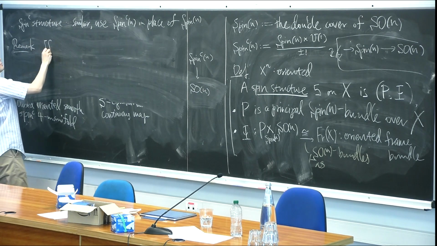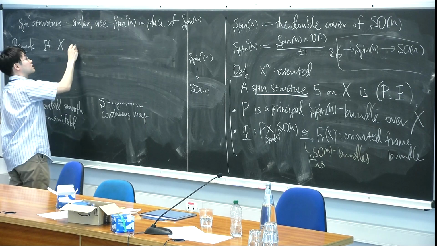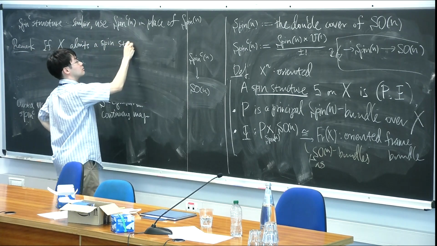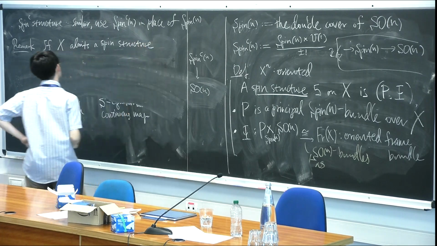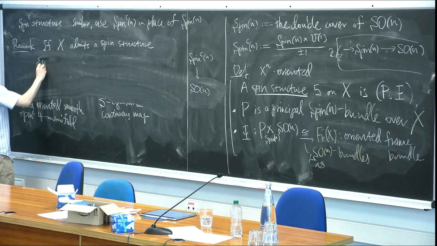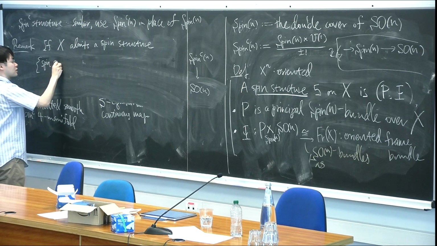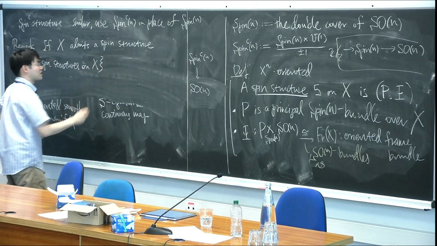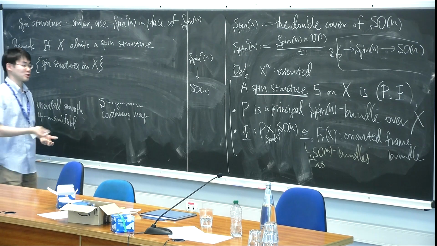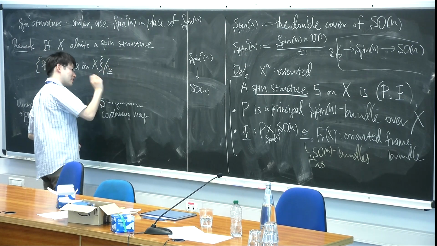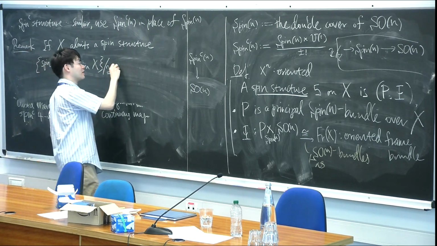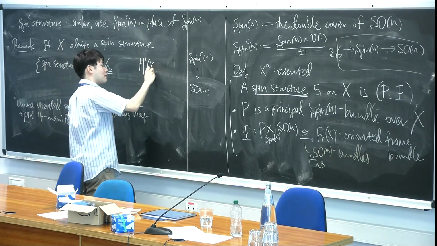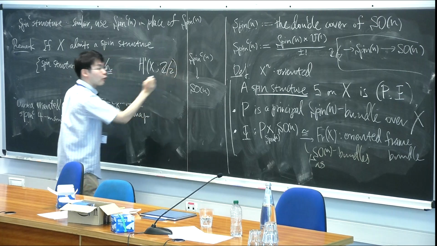If your manifold X admits a spin structure, then consider the isomorphism classes of spin structures on it. So you can think of a natural notion of isomorphism class of the spin structure. With the correct definition, you have a one-to-one correspondence to H^1 with Z/2 coefficients.